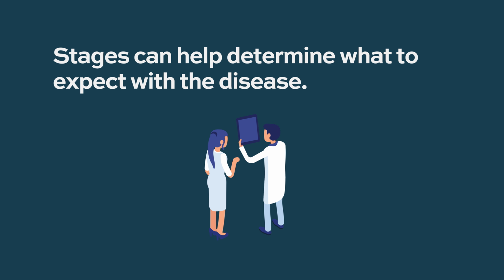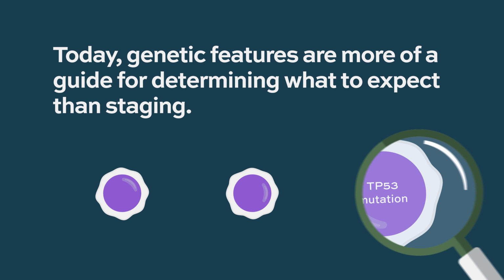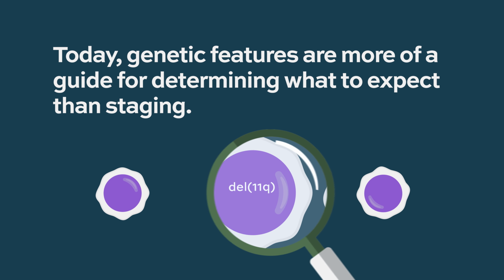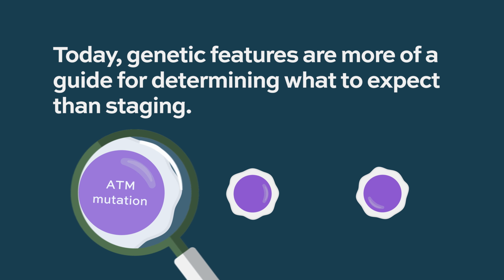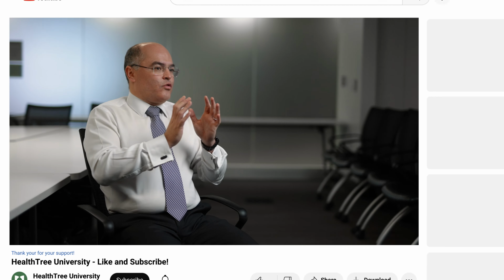But more than the staging today, what we really use are genetic features. There are molecular changes, mutations, specific findings that guide us on how we expect the disease to behave. So, in the end, all of these give us information of what to expect, but most of them are not really indications for treatment.